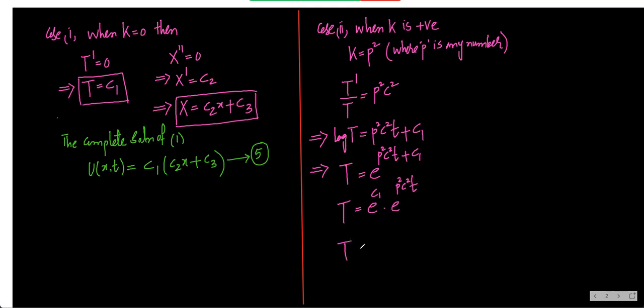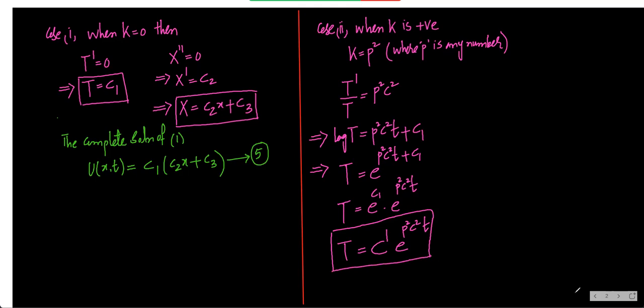Bases are equal, power should be added. So for my convenience, instead of writing e to the power of c1, I want to write this one as c dash. You can take as a also, but in textbook it is given as c dash. So I am using this terminology, that is c dash, e square p square t. This is your first answer in terms of t.